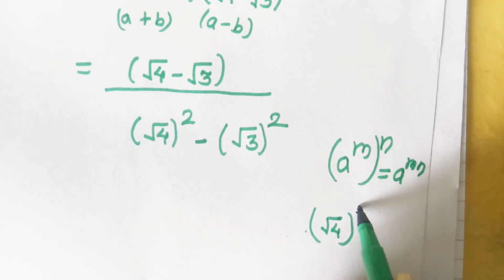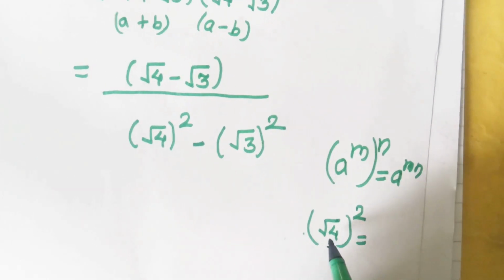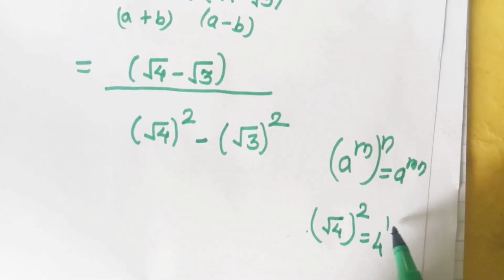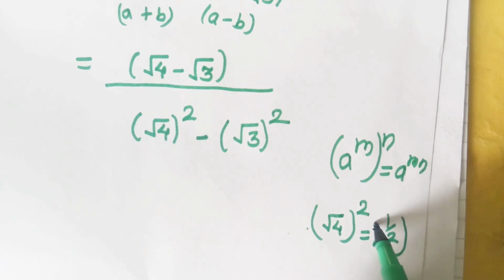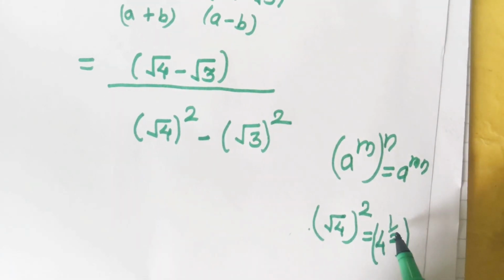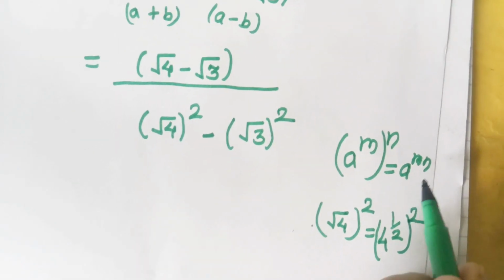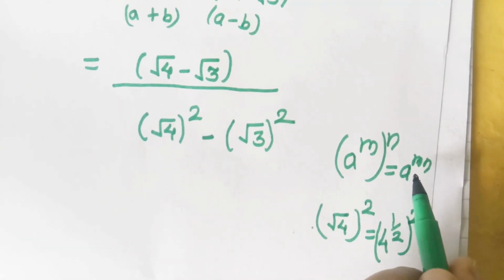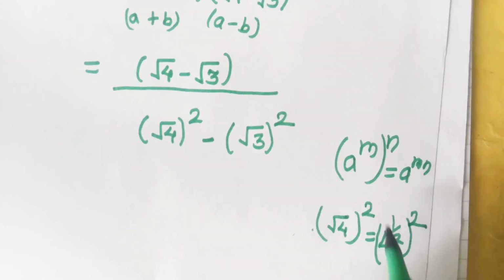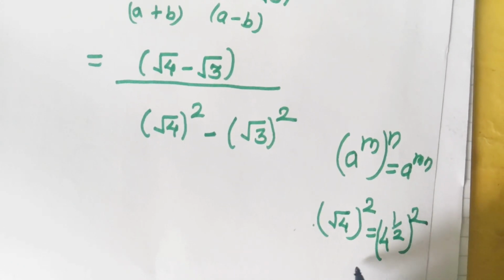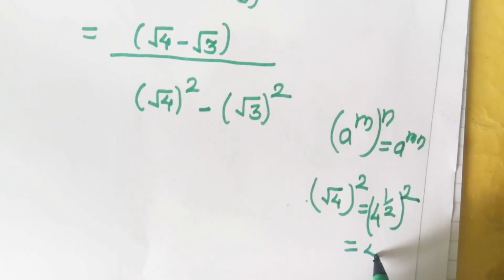By this formula, (under root of 4) square equals, under root is nothing but half power, so here 4 raised to the power half, that is 4 raised to the power 1 by 2, whole raised to the power 2. By this rule, the powers are directly multiplied, so half into 2, the 2s get cancelled and we get 4.